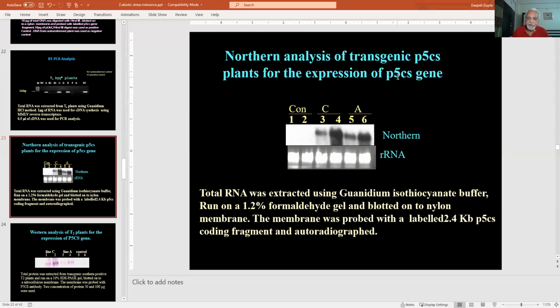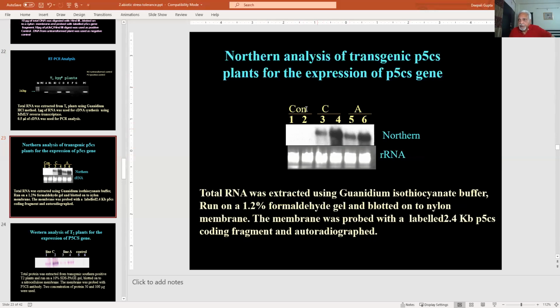Northern analysis is done to check the presence of transcripts. So here again the RNA was extracted and run on the gel, and then transferred onto the membrane, and the membrane was then hybridized to the probe, and the probe is the coding region of the P5CS.